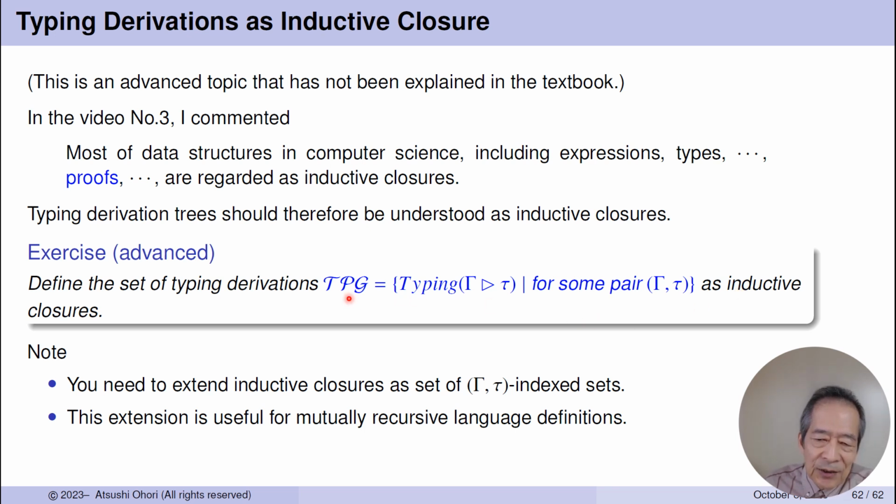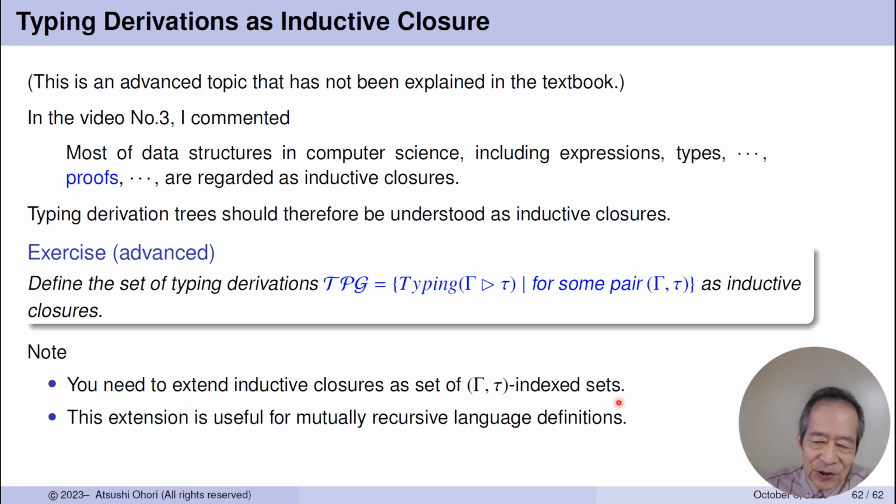But in this case, we construct a family of sets indexed by this pair, right? So in order to come up with a proper satisfactory solution to this exercise, you need to extend inductive closures to a set of this object, indexed sets, right?